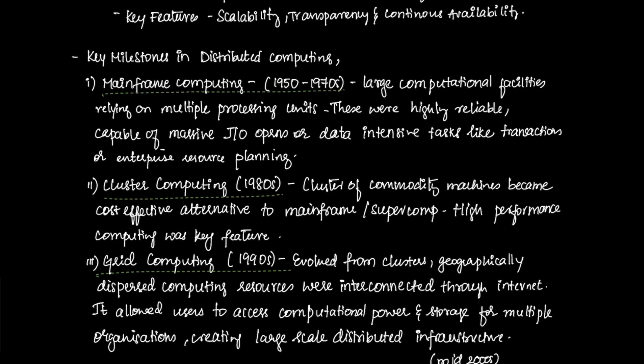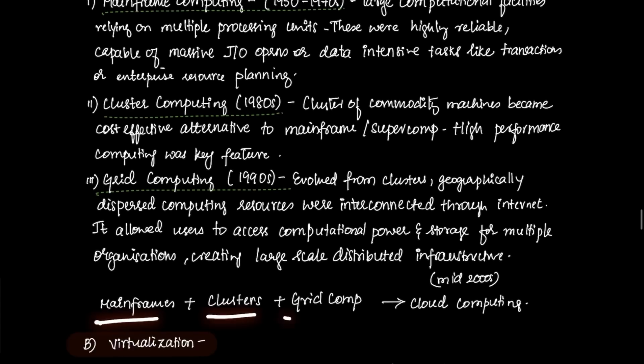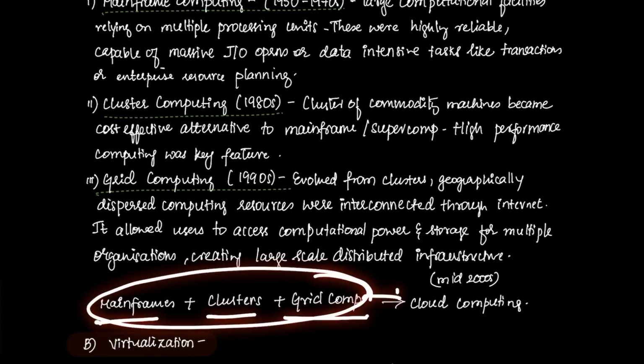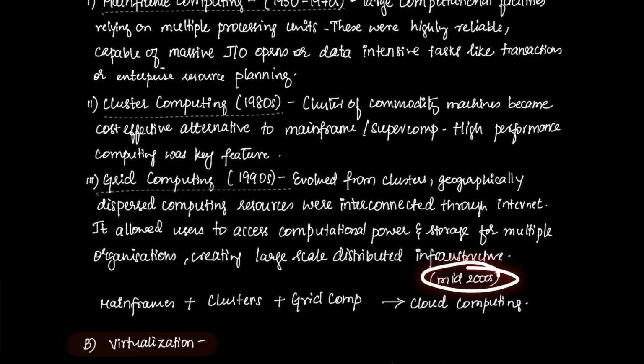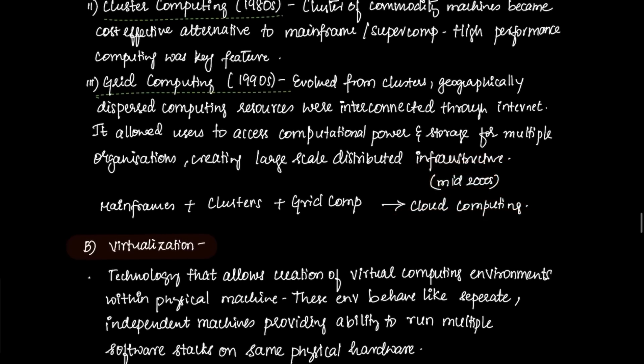Here again we are making use of a utility based model where the users consume the resources as needed, much like electricity or water, which are also considered as resources. So mainframes plus clusters plus grid computing led to cloud computing, which evolved in the mid 2000s.